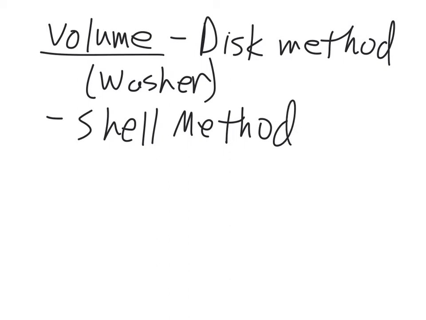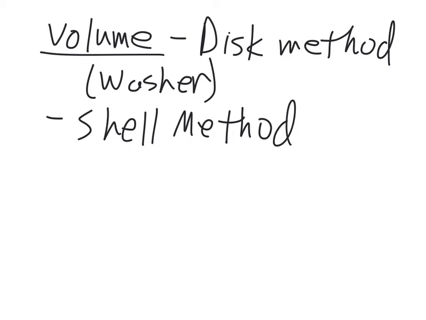Now, by the end of the shell method, we were given problems that said find the volume, use whichever method you want. Now, I'm not going to say use this method or use that method on the test. I'm just going to say, here's your region, revolve it about this line, find the volume. You can decide, well, is the shell method easier? Is the disk method easier? What may be easier for you may be difficult for somebody else.